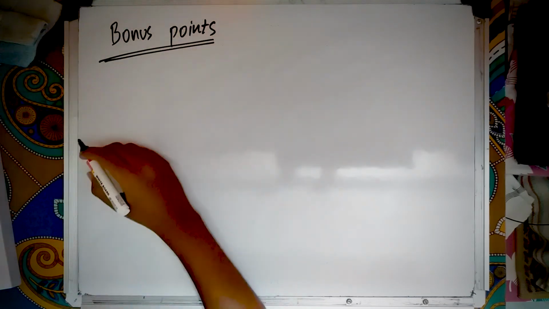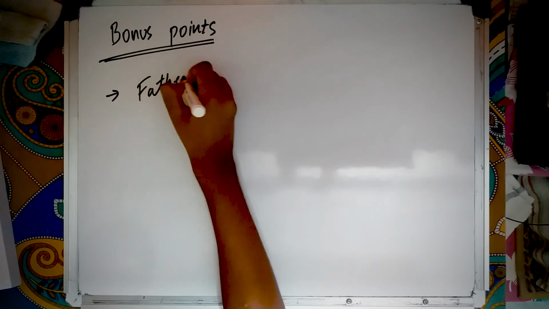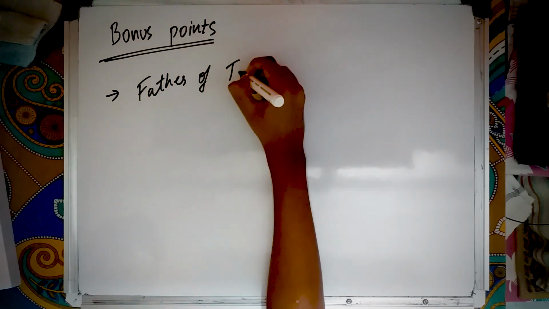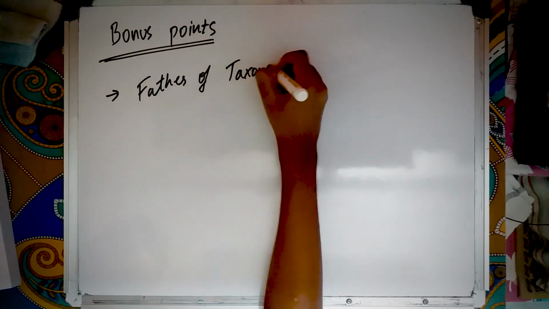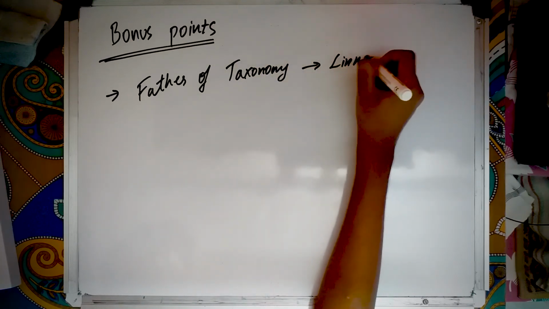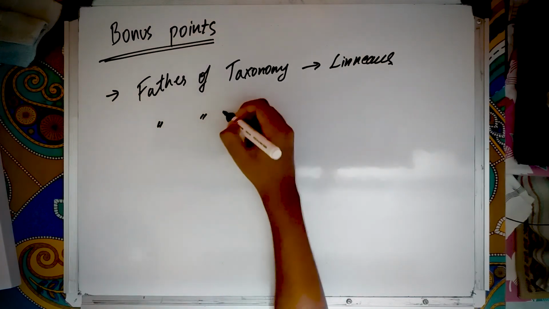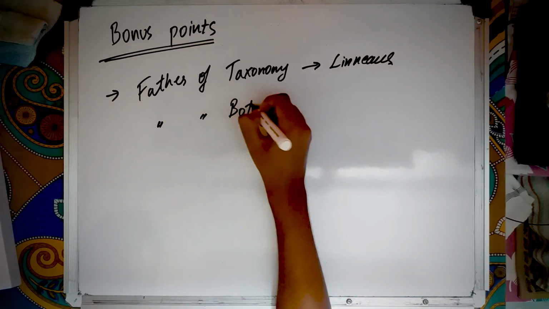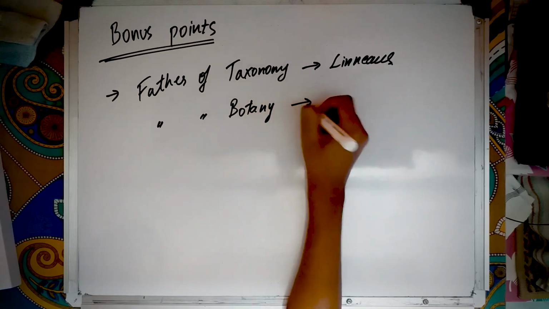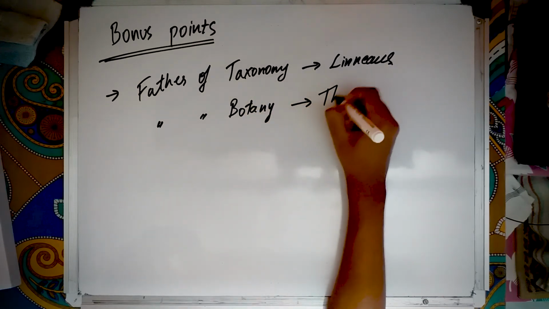Okay, let's go for the bonus points of today. Father of taxonomy is Linnaeus. And then father of botany. Can you guess? Yeah, Theophrastus.